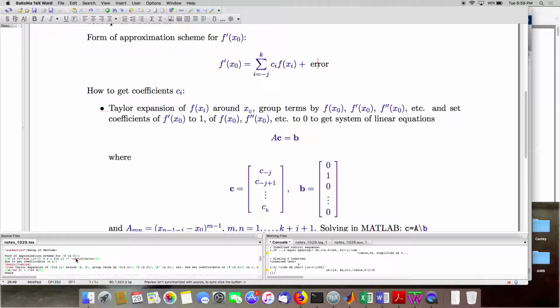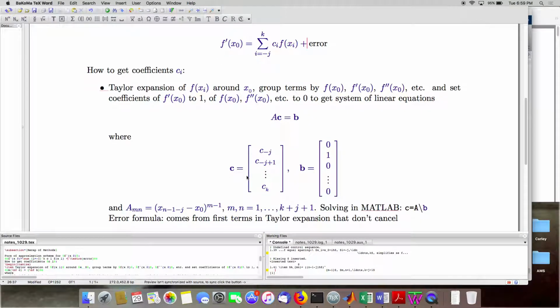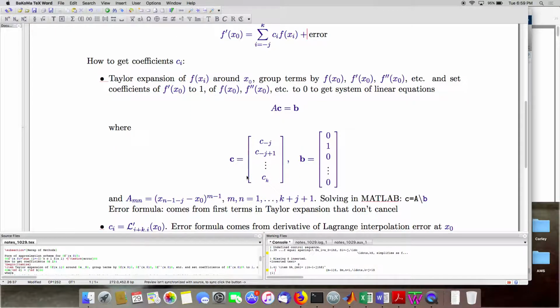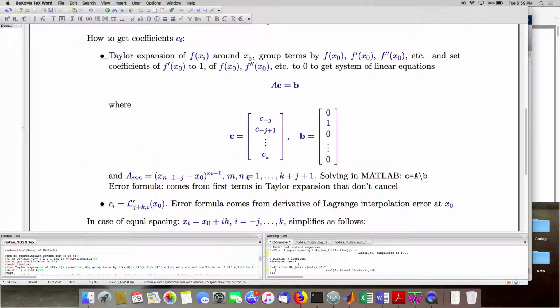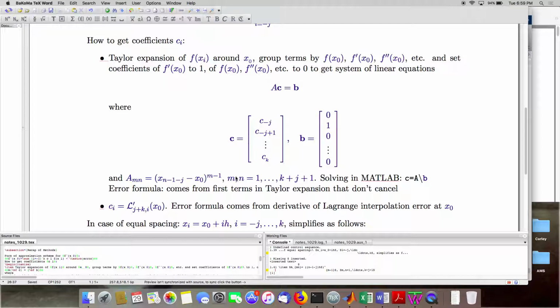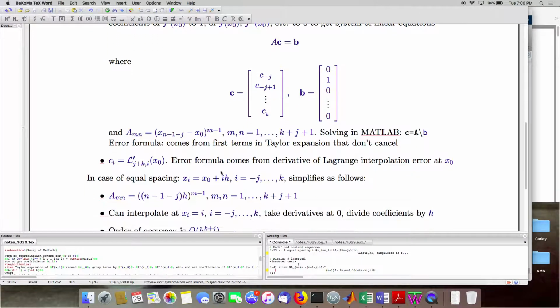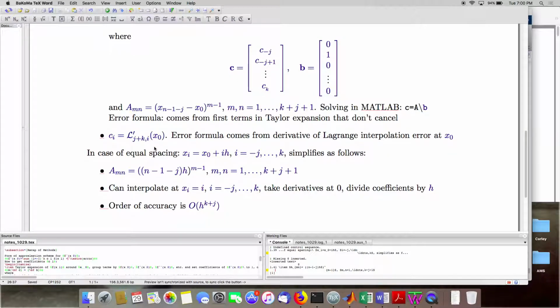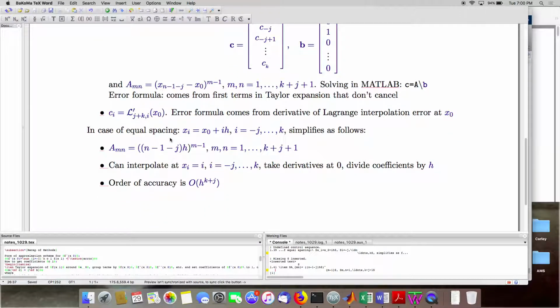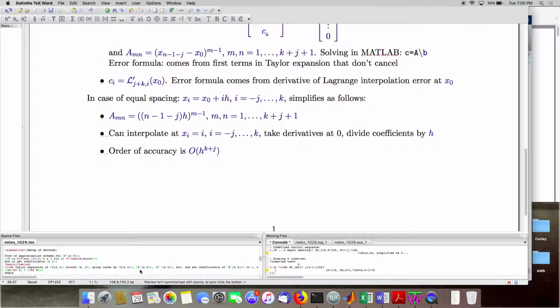Now, I focus more on this approach of Lagrange interpolation, because that's actually the same approach that I'm going to use in a little bit to describe methods for numerical integration. And really, Lagrange is the way to go for that one, as opposed to Taylor expansion, which doesn't really help so much.